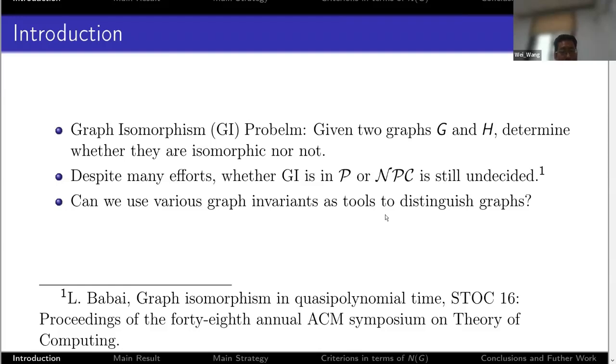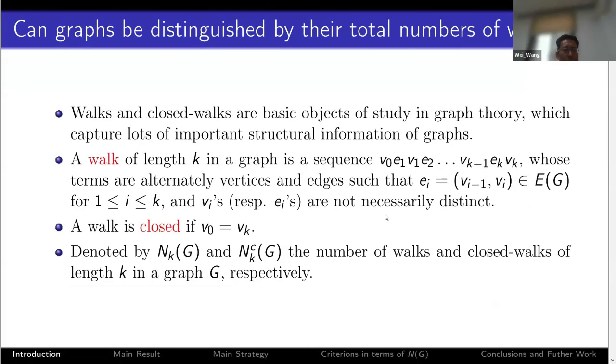Despite many efforts, whether GI is in P or NP-complete is still undecided. So a natural question is, can we use various graph invariants, such as the characteristic polynomial or the chromatic polynomial, as tools to distinguish graphs? In this talk, we try to distinguish graphs by their total number of walks.